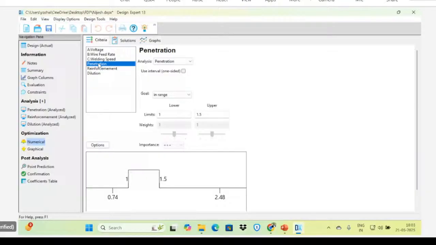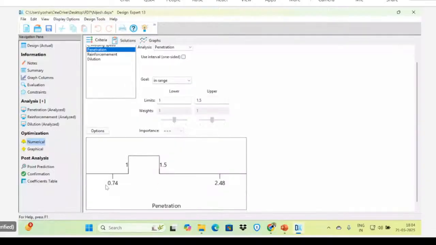If we want to fabricate a VAM component, what we need is the penetration goal: it can be maximum, minimum, target value, or in range. So that we have to check. Our minimum value is 0.74 and the highest value is 2.48 from the calculation.